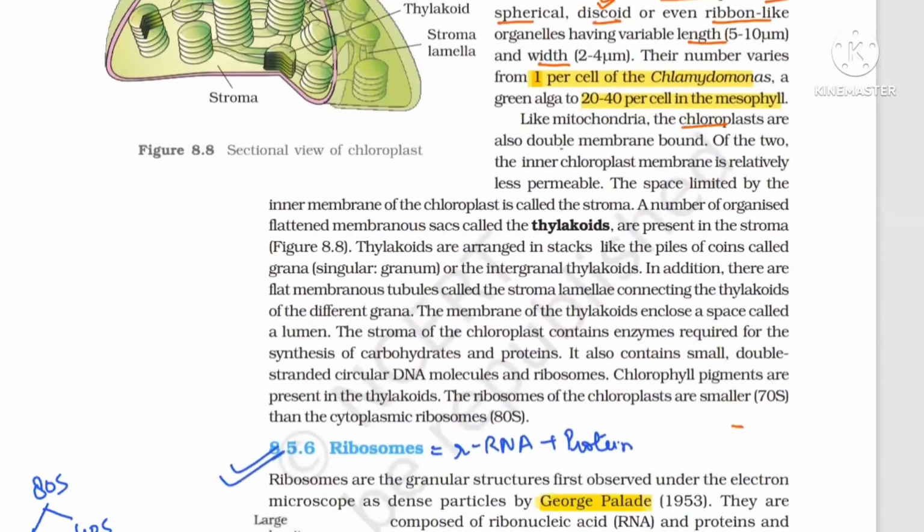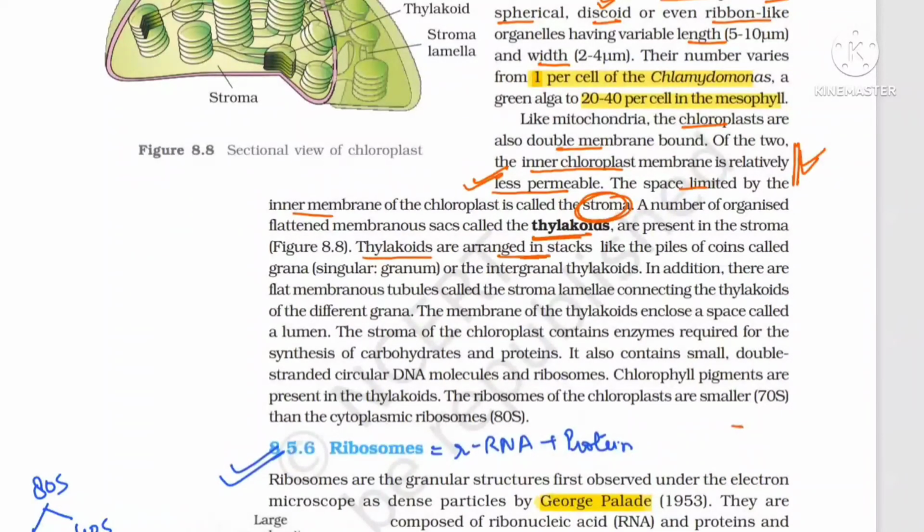They also have a double membrane. Inner chloroplast membrane is less permeable. Please learn it. Inner membrane is less permeable because outer membrane is having porin protein. I focused on it also while explaining mitochondria. Space limited by the inner membrane is called stroma. And inside this, thylakoids are present.